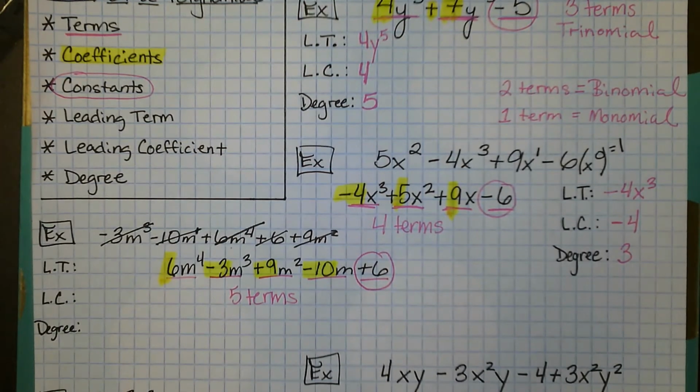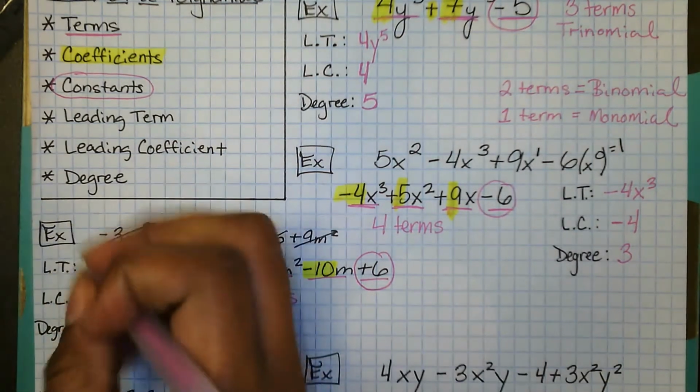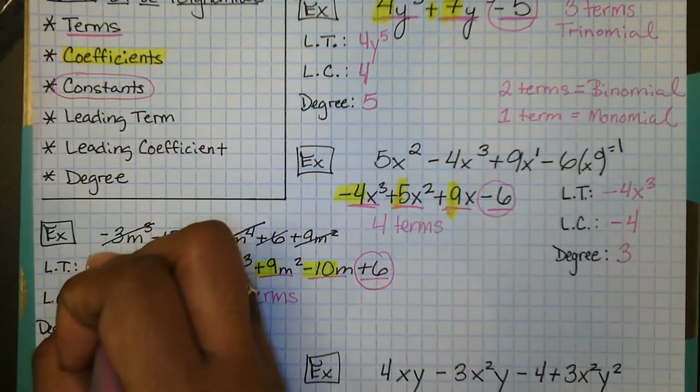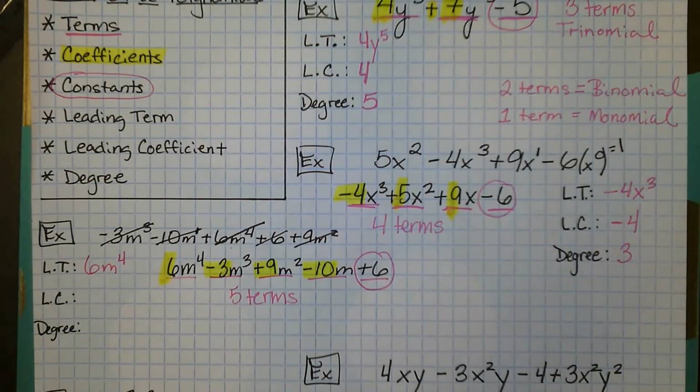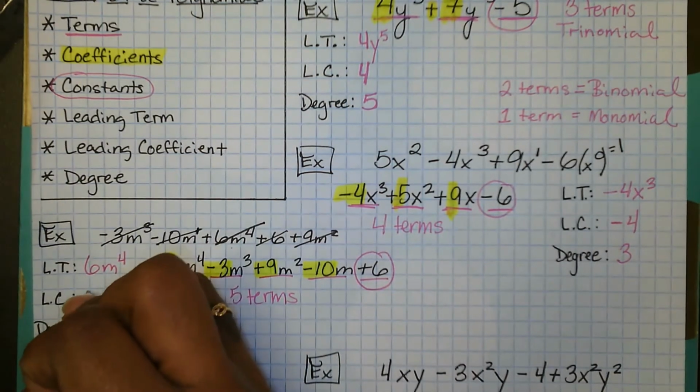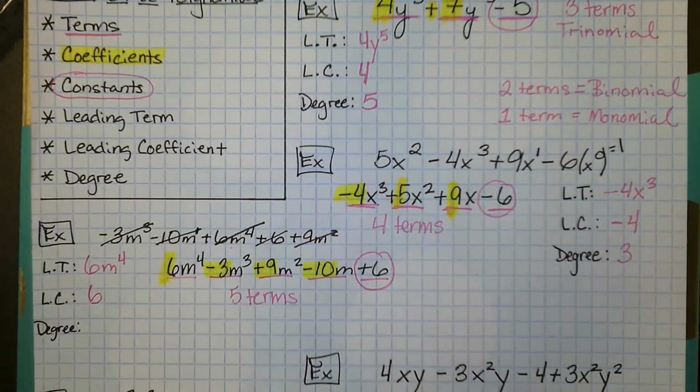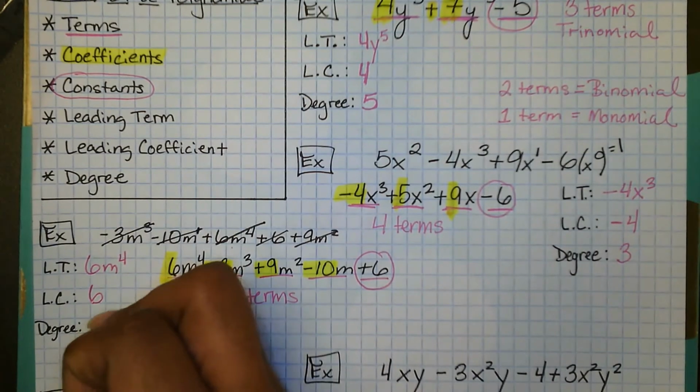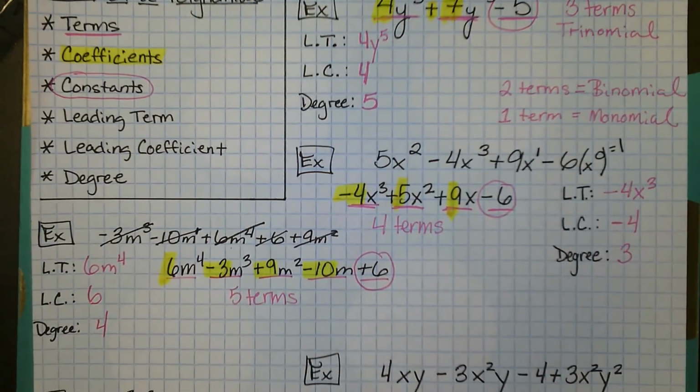Now our leading term, after we rearrange the polynomial, was 6m to the 4th. So the leading coefficient of the leading term is 6. And the degree of this polynomial is 4, because the largest exponent in the polynomial was 4.